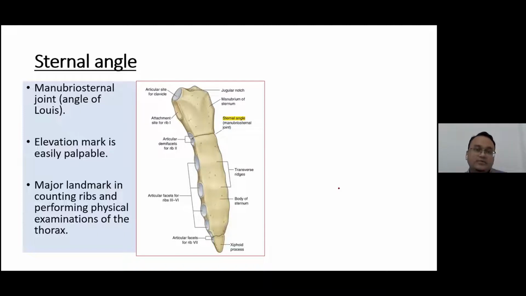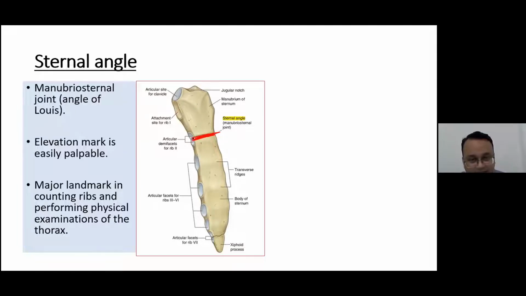I also like to discuss a little bit regarding the sternal angle, because the knowledge of the sternal angle is important, basically clinically, right? What is the sternal angle? We have the sternal angle, also known as the manubriosternal joint. You can see that clearly in this image over here, the one that I am highlighting.